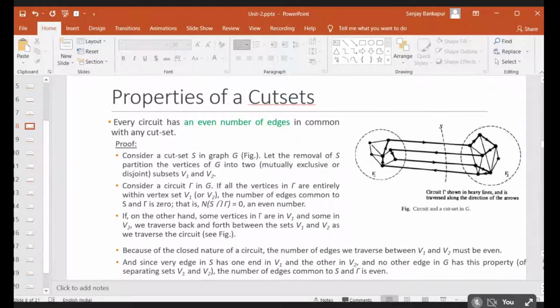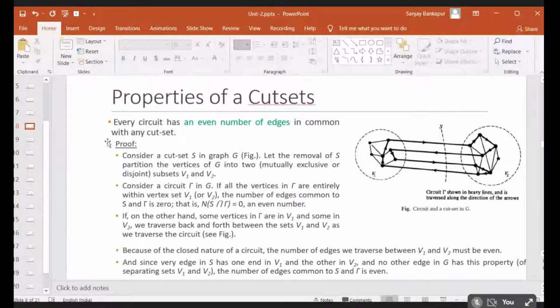But let's consider a circuit tau in G. If all the vertices in the circuit are entirely within the vertex set V1 or V2, the number of edges common to the cut set and the circuit is zero.